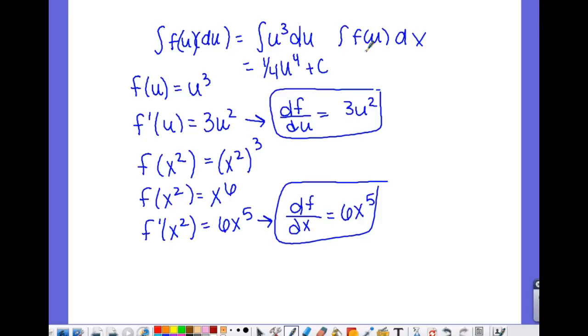I need some connection to get f of u in terms of x squared. So go back to the idea that u equals x squared. You could just replace that with the x squared and still see why you get x to the sixth. So f of u is equal to f of x squared.